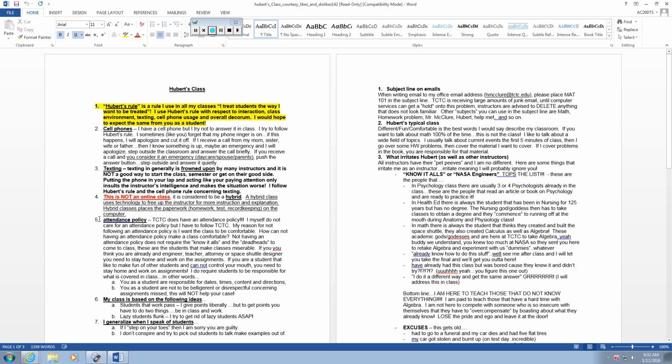Attendance policy. This is important because I do have some know-it-alls that come to class. All right? If you stay at home and develop a cure for cancer, I would appreciate it. Okay? I don't think I have any in here. The reason I don't think I have any is because Calc 2 is usually not one somebody comes and says, I'm going to go in there and tell everybody how much I know about calculus.